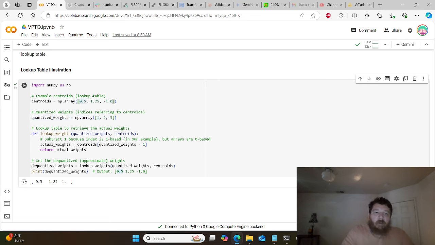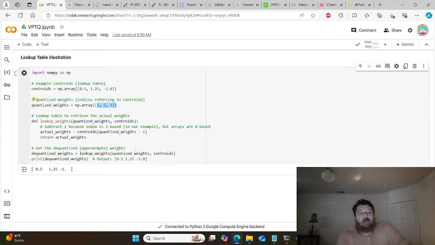So 0.5 becomes 1, 1.25 becomes 2, minus 1.0 becomes 3. Then we create a lookup table, and the model stores 1, 2, 3. When it needs to access that, it gives 1, 2, 3 to the lookup table, and the output result is 0.5, 1.25, and minus 1.0. So that's essentially how it works overall.